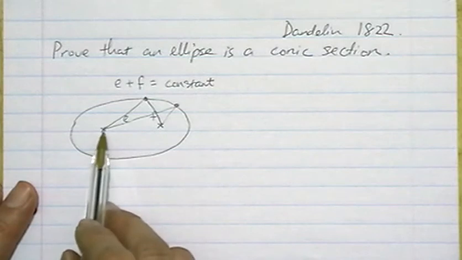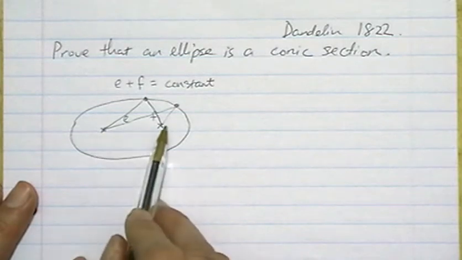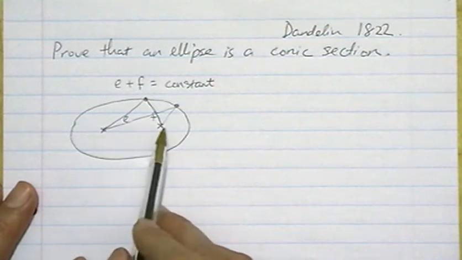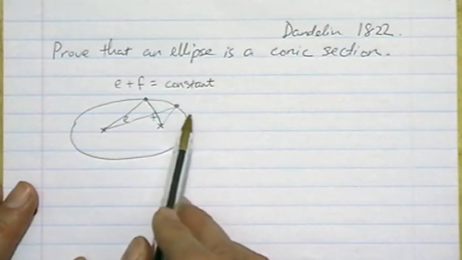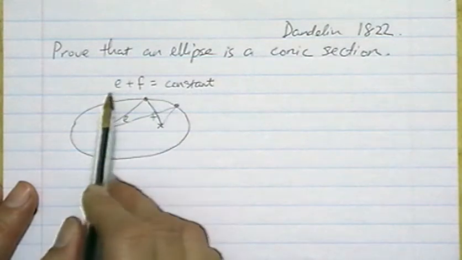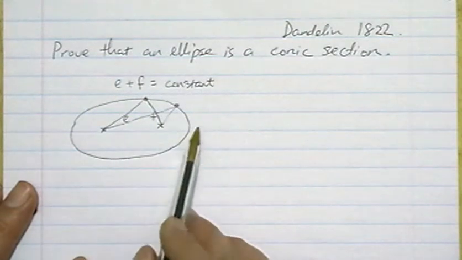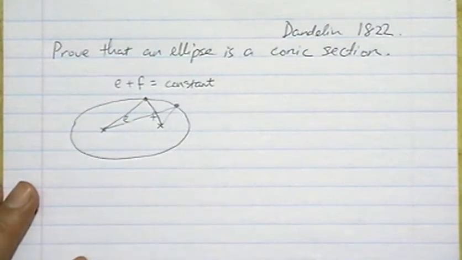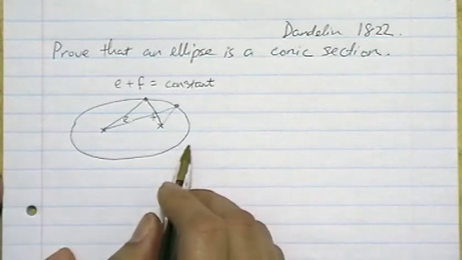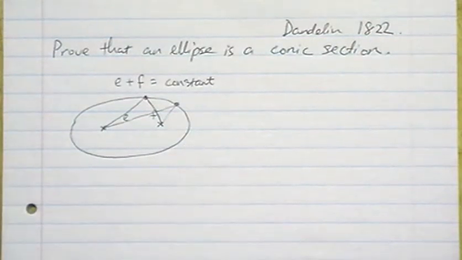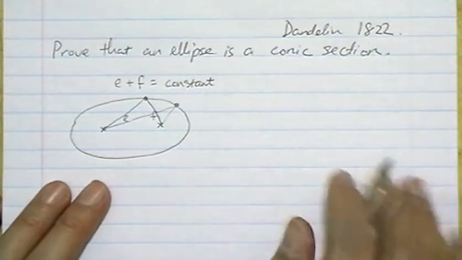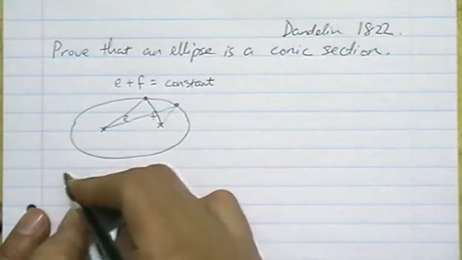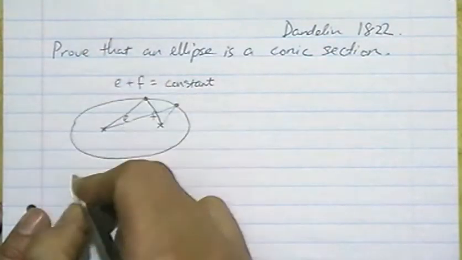Described in the sense that as long as we can find 2 points such that the total lengths of the distances from those 2 points to any point on the curve always remains the same no matter where the point on the curve moves, then that must be an ellipse. Okay. Next, this is the one way to define an ellipse.